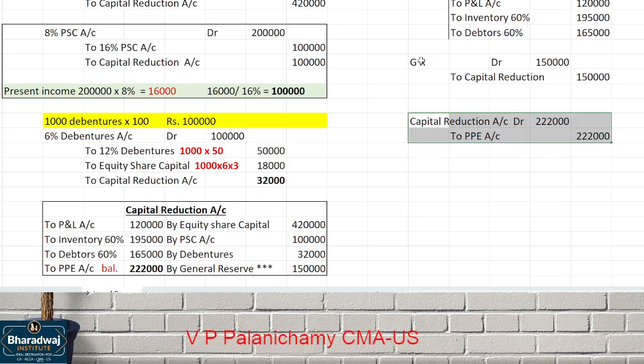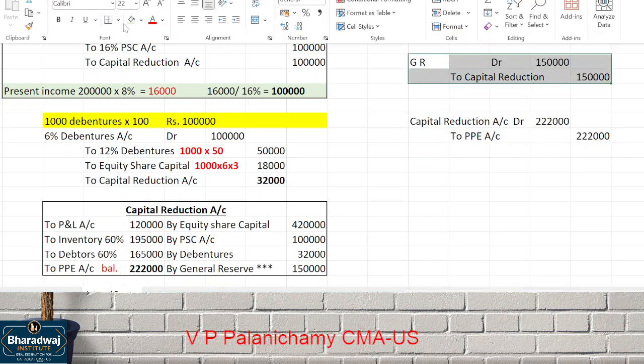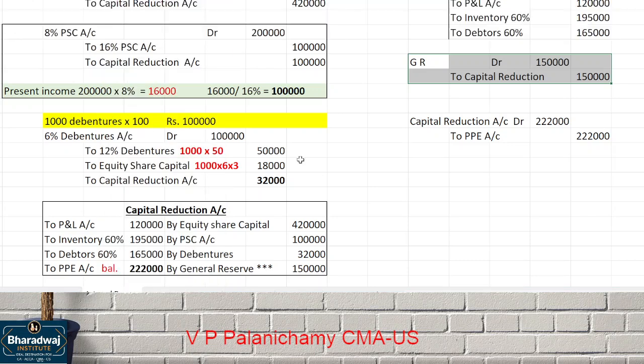It's a simple question. Only one thing: use which one? General reserve for the purpose of capital reduction.